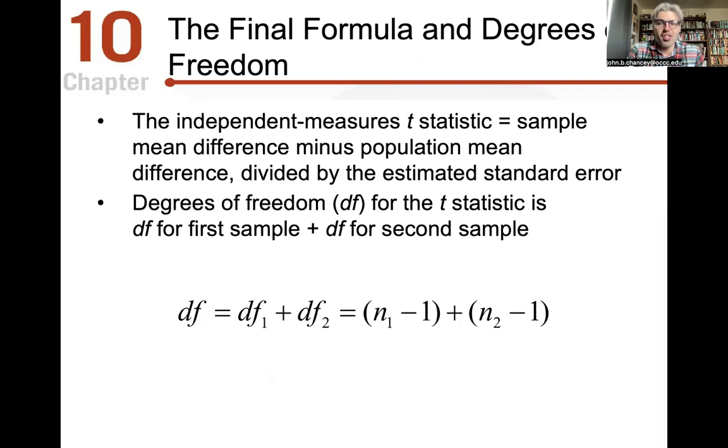The independent sample statistic is your sample mean difference minus the population mean difference, divided by the standard error estimate. And to find degrees of freedom, we go with the degrees of freedom of our first sample plus the degrees of freedom for the second sample. So that's going to be n1, sample one, minus one. So if we had 20 participants in our first sample, we would go 20 minus one plus, and let's say we had 20 in the second sample, 20 minus one again, add those together, and that gives us our degrees of freedom.